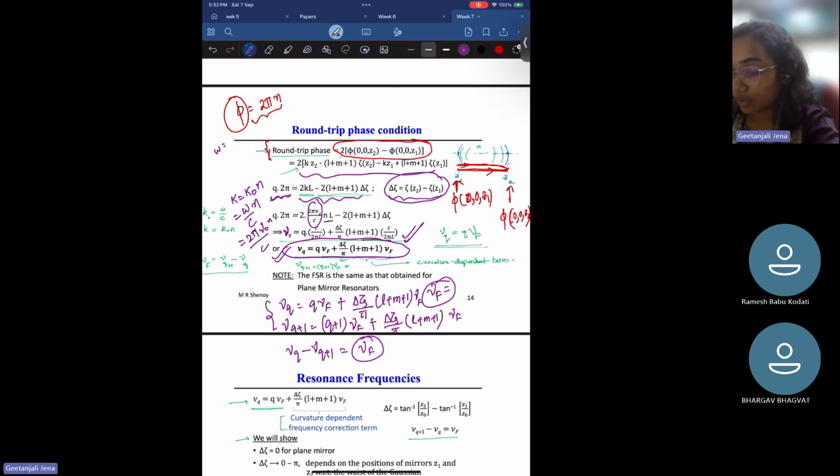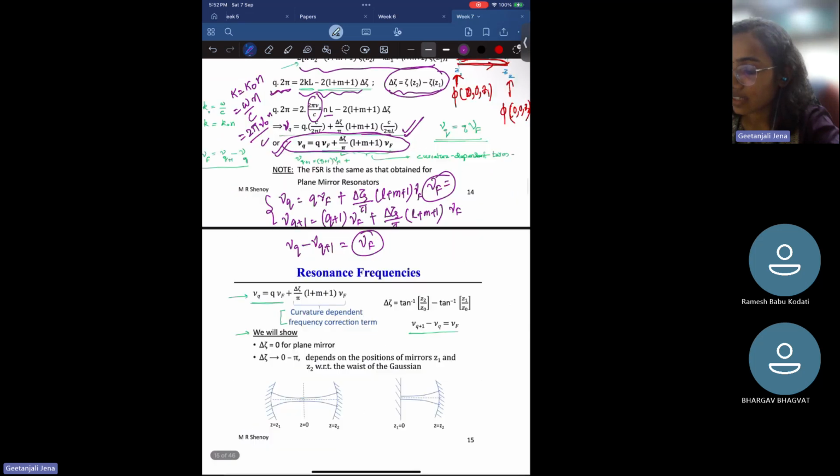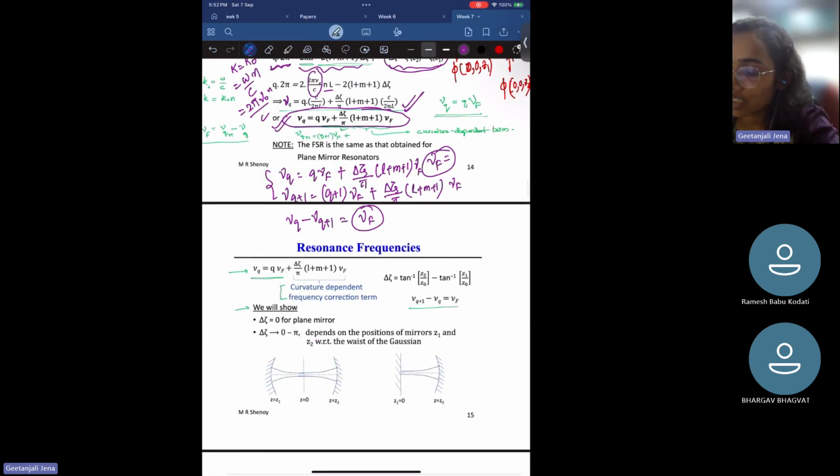Only in the resonance frequency we see an additional term, which depends on the curvature of the two spherical mirrors. This is the curvature dependent frequency correction term. For a plane mirror, this Δζ vanishes, so that ν_q is q times ν_F, as we have seen earlier.